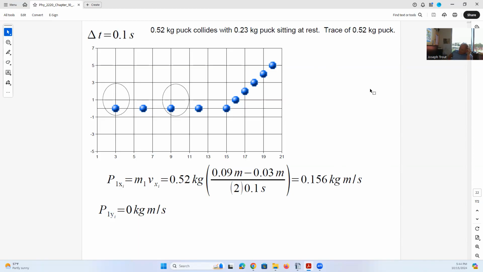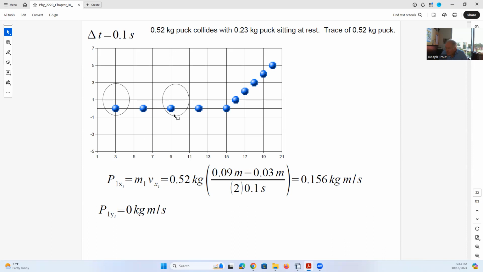So first, let's figure out what the initial momentum is. There is no initial y momentum because we're moving just in the x direction. And if we look at the x momentum, it's the mass times the velocity, and it looks like it's constant.